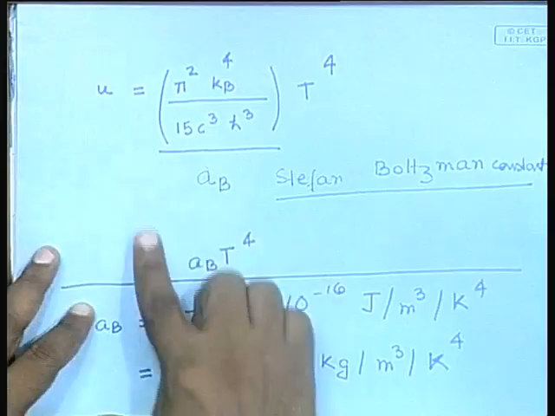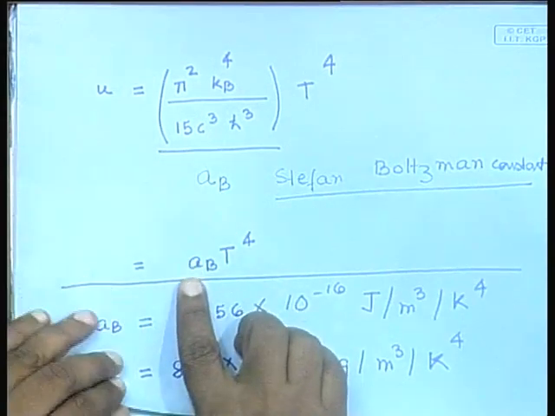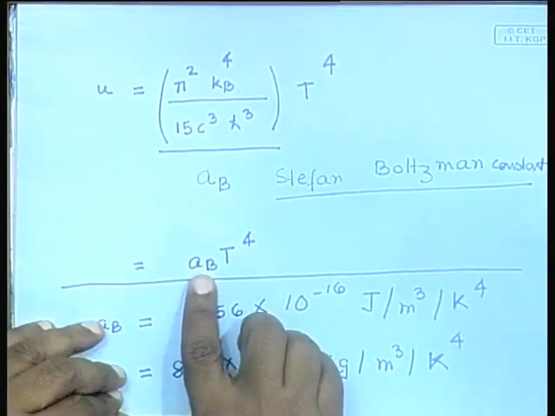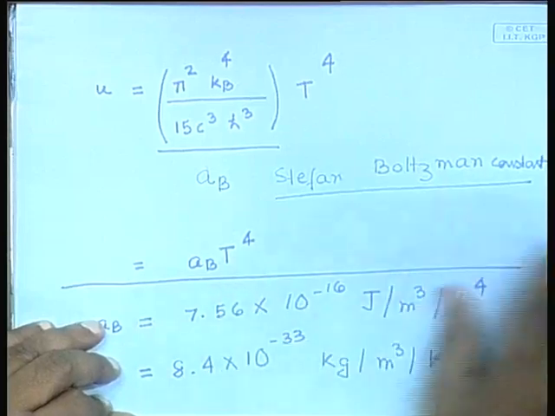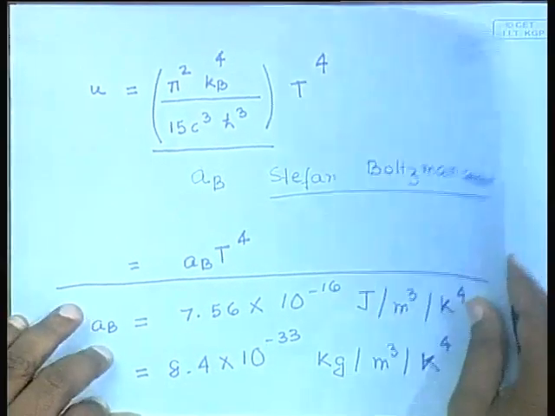So, given this radiation background, this thermal black body radiation at 2.73 Kelvin, we can use what we have just derived, that the energy density of this radiation is a_B, the Stefan-Boltzmann constant, times T to the power 4. We can use this to estimate the density in this radiation.